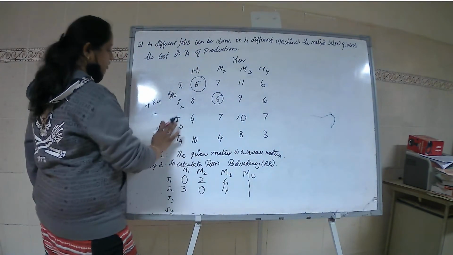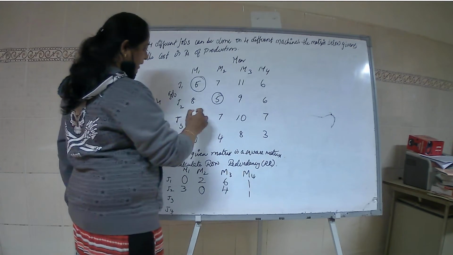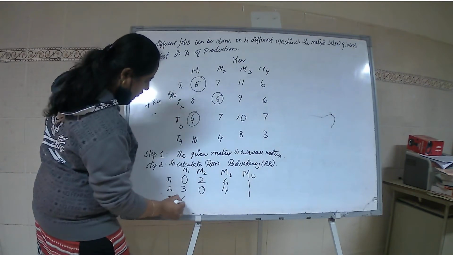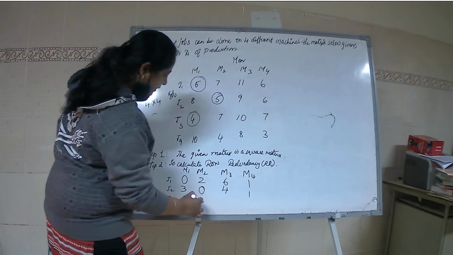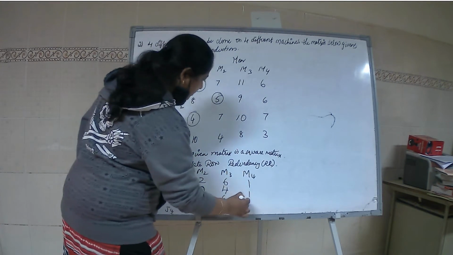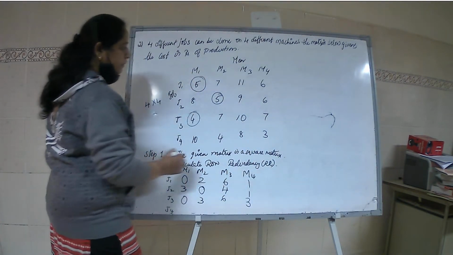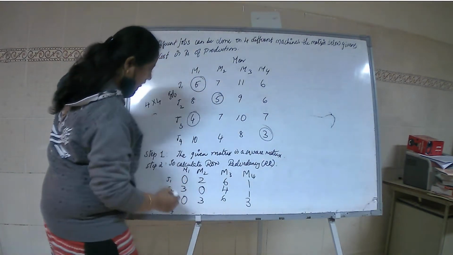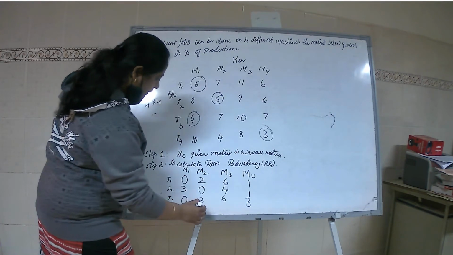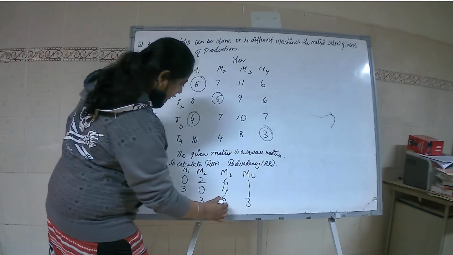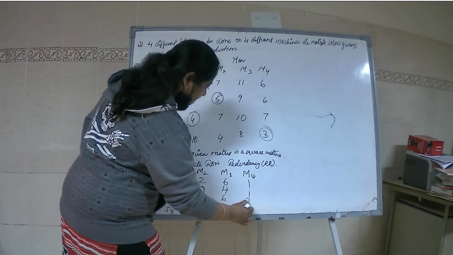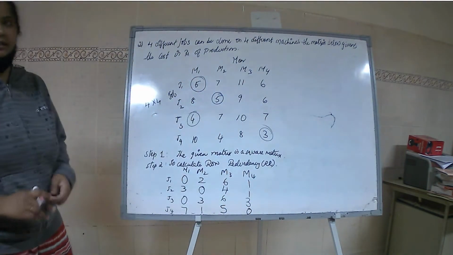Then here the minimum value is 4, so 0, 3, 6, 3. The next minimum value is 3, so here it is 7, 1, 5 and 0. Till here it's clear, right?